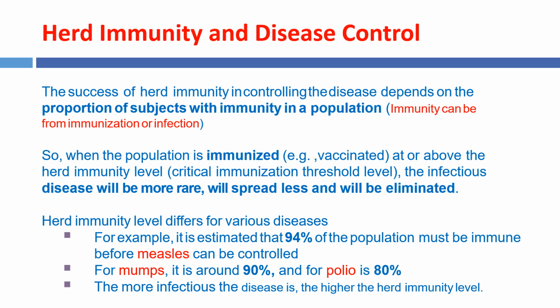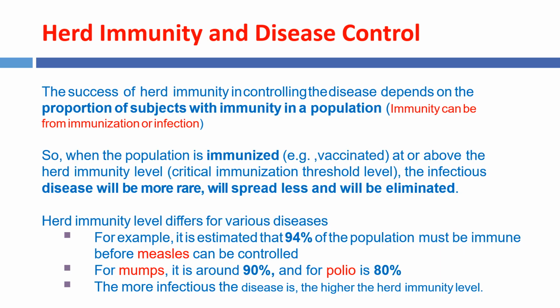How would herd immunity be used for disease control? The success of herd immunity in controlling the disease depends on the proportion of subjects with immunity in a population. Immunity, of course, can be from immunization or from infection, natural or unnatural immunity.